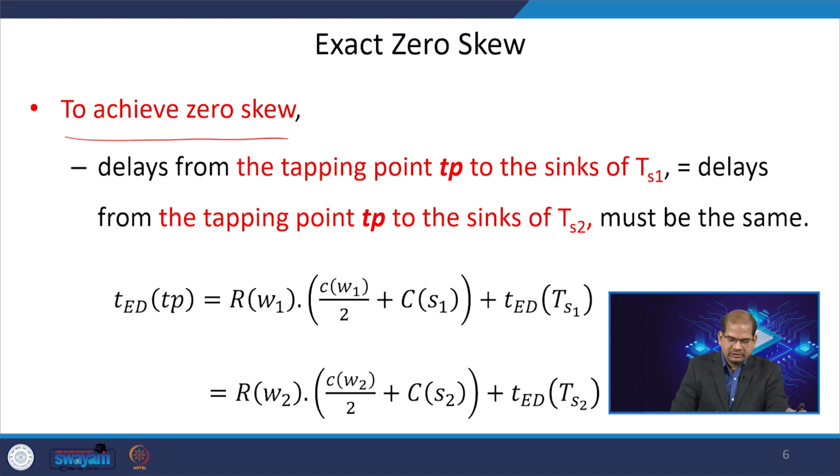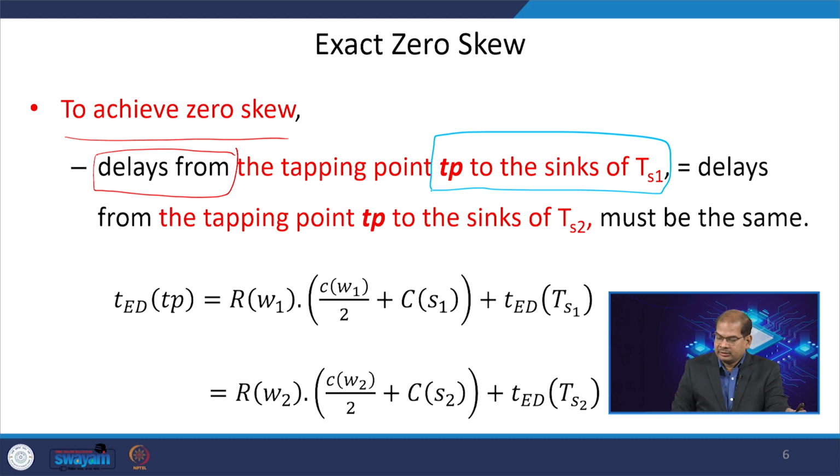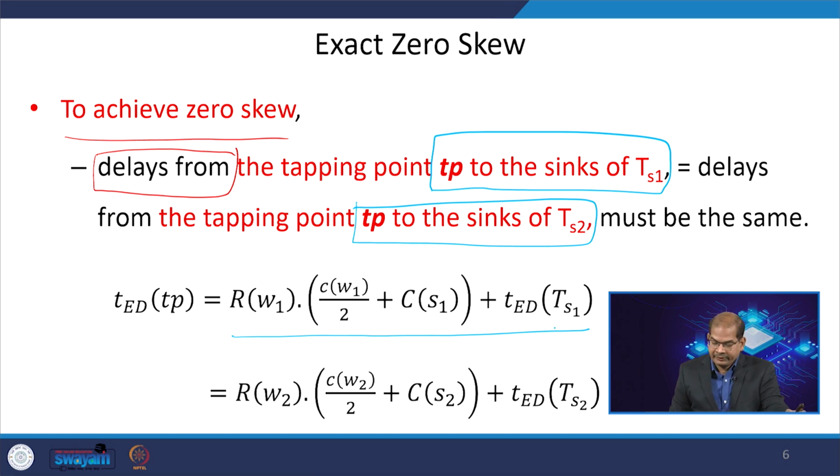The concept here is that I am finding a delay from tapping point Tp to Ts1, then a delay from tapping point Tp to Ts2, and we are making sure that both are the same. Now we are doing the delay estimation. This first one is for the Ts1 subtree.